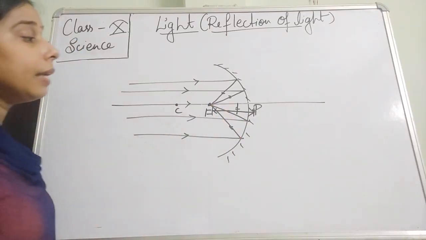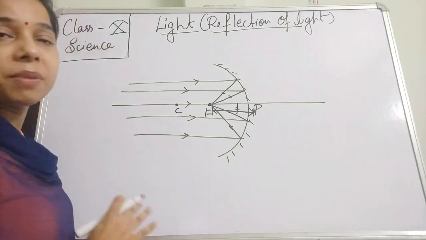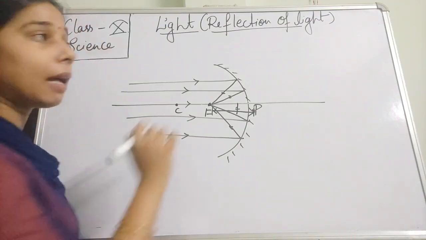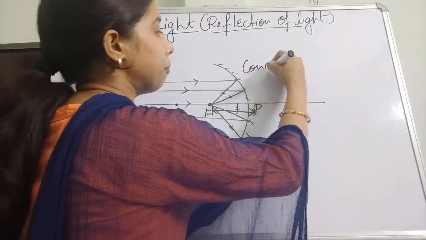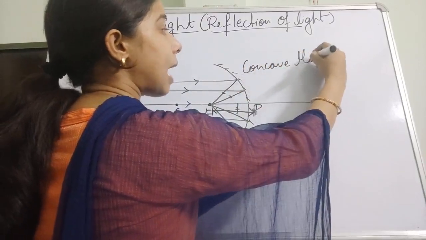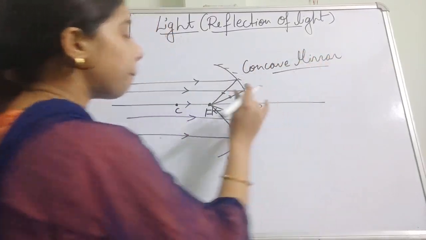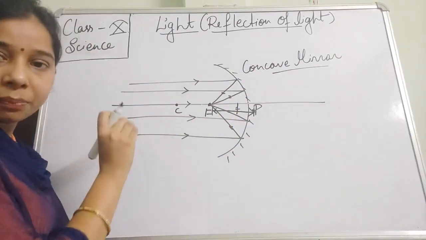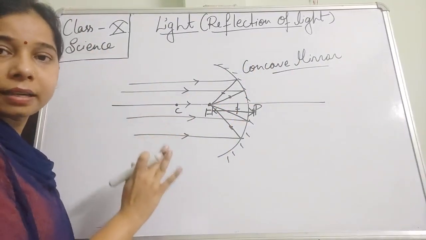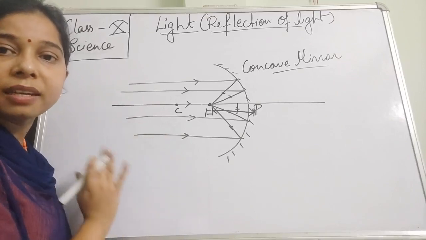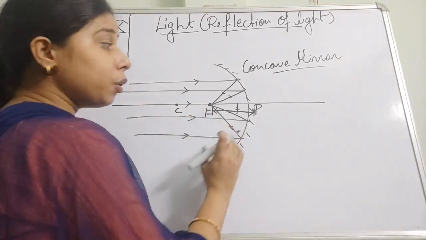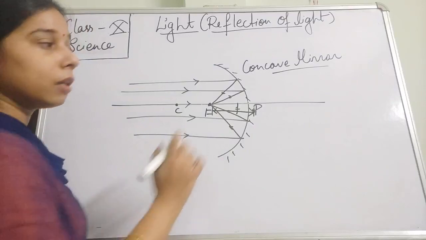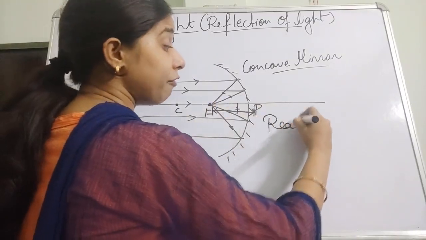Now, the kind of focus, principal focus, formed in a concave mirror. You know that since the rays of light are passing through the principal axis, they actually intersect. Actual intersection has taken place. So what kind of focus is formed here? We will say a real focus is formed.